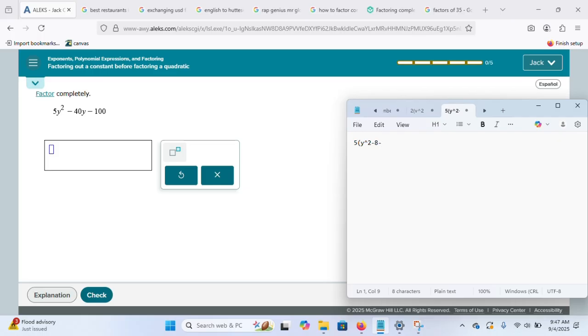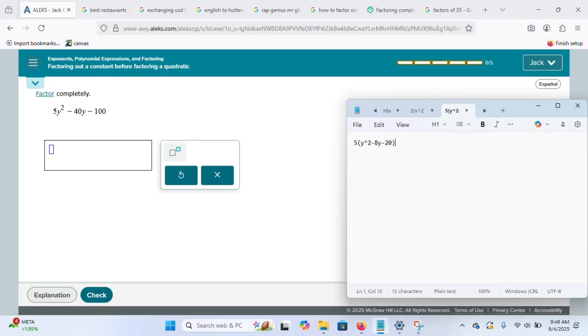Remember, anything with a 0 or a 5 in it is always going to be divisible by 5. 100. Alright. So, we got this. Can we factor even further?